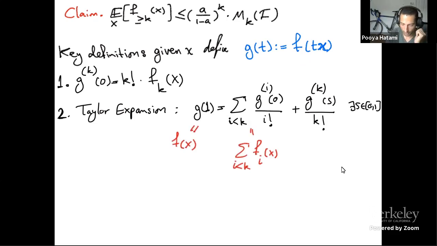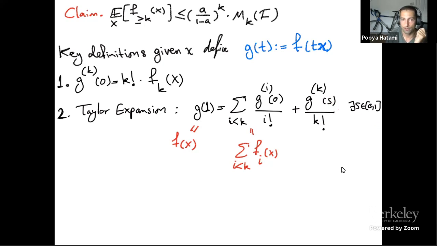And Taylor's theorem tells us that g of 1, which is f of x, is the sum over the ith derivatives up to level k minus 1, evaluated at 0 divided by i factorial, plus an error term. And the error term is the kth derivative of g evaluated at some s. We don't know what s is, but we know that it's something between 0 and 1.